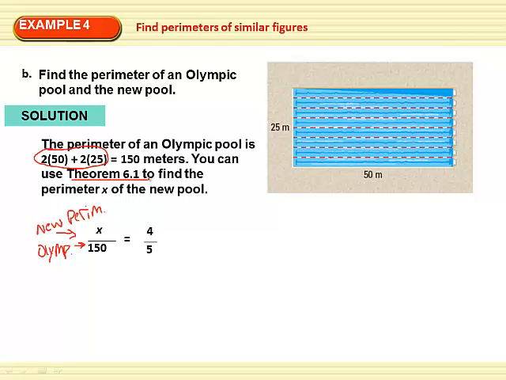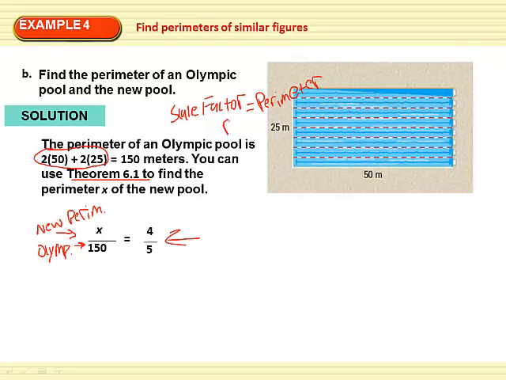Well, what does that mean? What I'm basically doing is I'm using the scale factor. So this is the scale factor. In scale factor, that's going to be the exact same thing as ratio of corresponding side lengths or perimeter. So scale factor will be the same as perimeter in terms of a ratio.